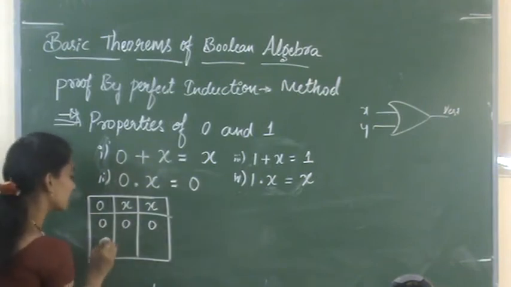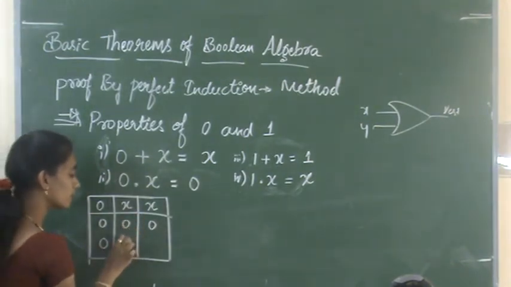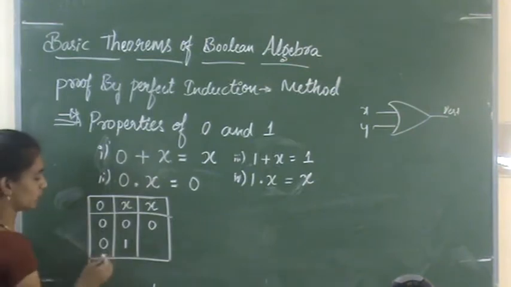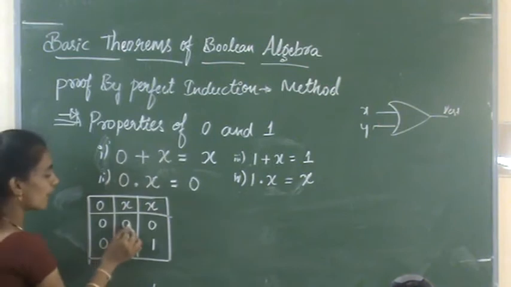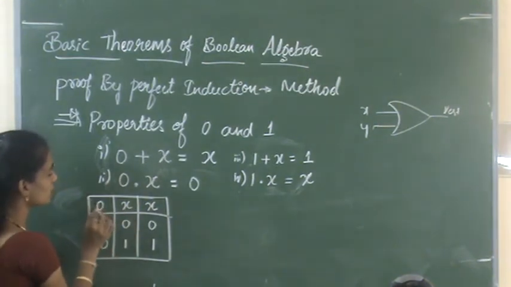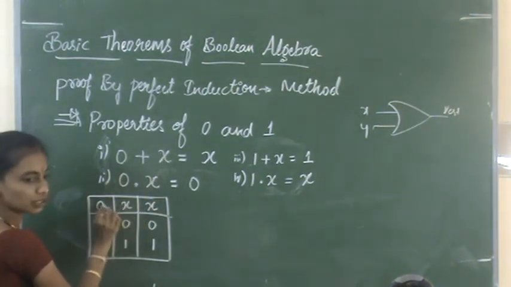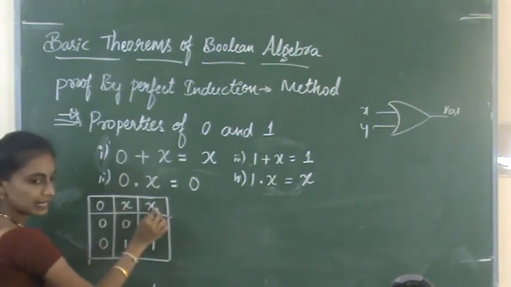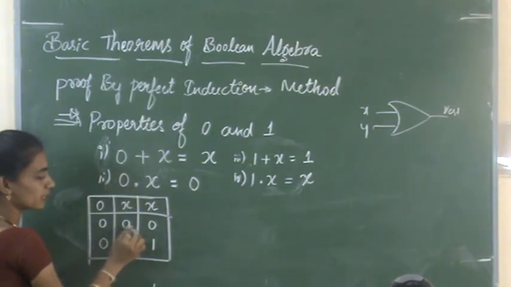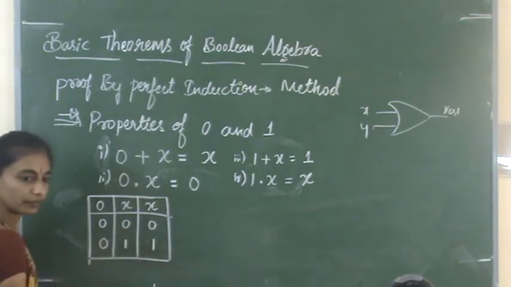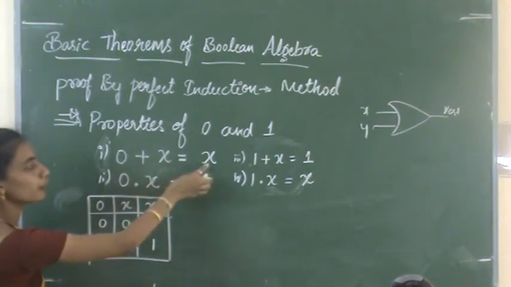If instead of 0 I provide 1 as the x value, 0 plus 1, we will get 1. So the result is the same as x. See? If I provide 0, the output will be 0. If I provide 1, the output will be 1. So hence it is proved.